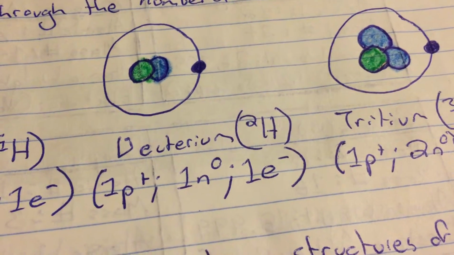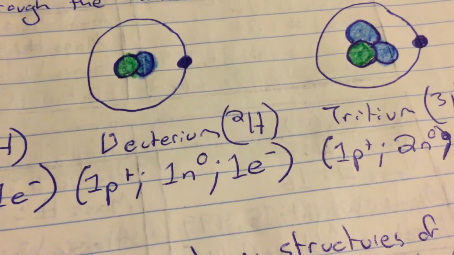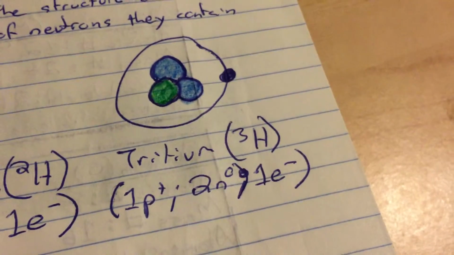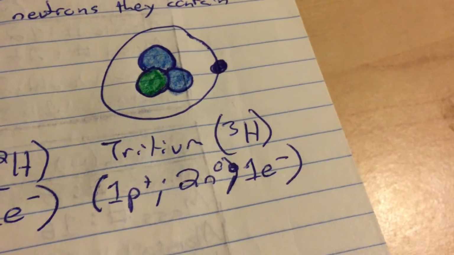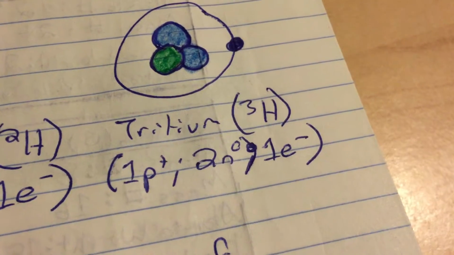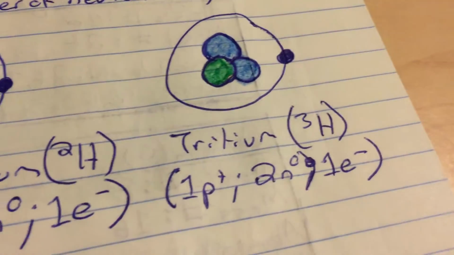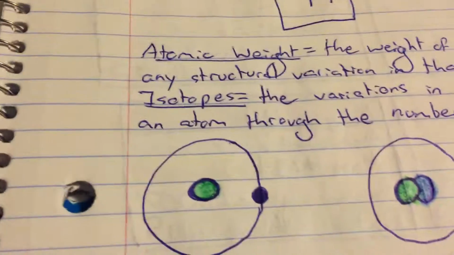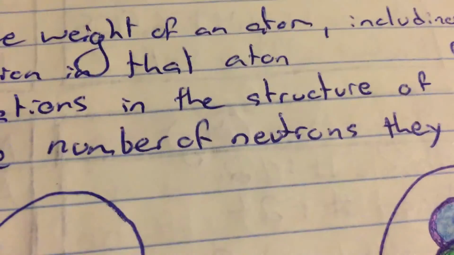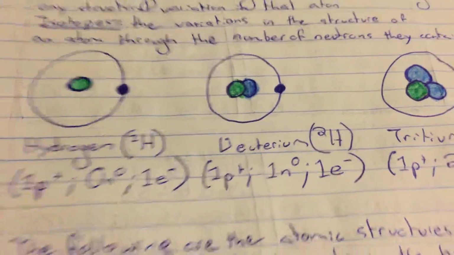It has 1 proton, 1 neutron, and 1 electron. And tritium, H3, has 1 proton, 2 neutrons, and 1 electron. The only thing changing in the isotopes is the number of neutrons. That's how you can identify the different isotopes of a given element.